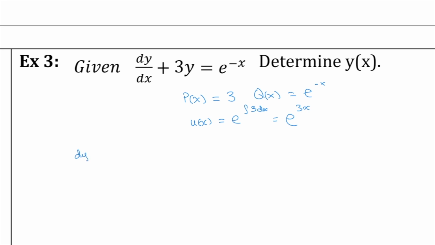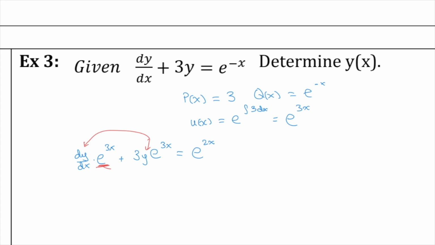So we have dy/dx times e to the 3x plus 3y e to the 3x equals e to the 2x once we finish our multiplying. Now check. Here's y. The derivative of y is my dy/dx. Here's e to the 3x.